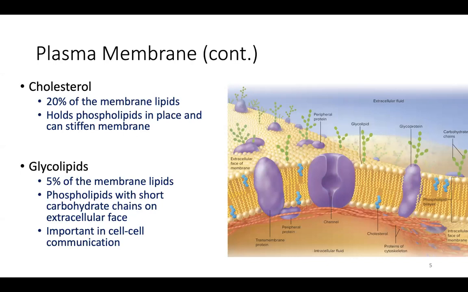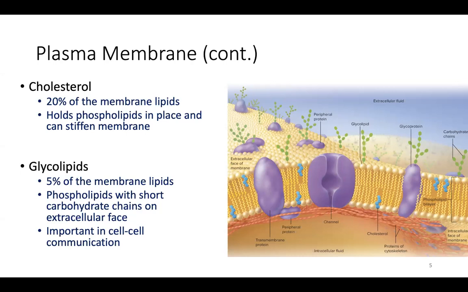And then finally, that makes up 20%. So now that's 95% of the lipids we've accounted for. The last little bit of lipids found in the plasma membrane are called glycolipids. They are lipids with a carbohydrate chain attached to them. So for you guys on Zoom, this glycolipid, that green antenna looking thing coming off, is the glyco part of the lipid.